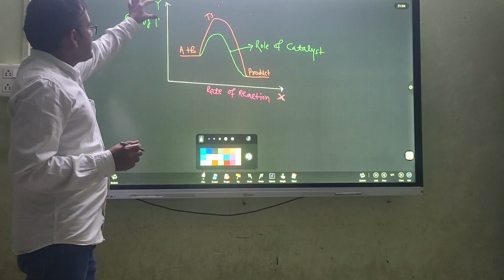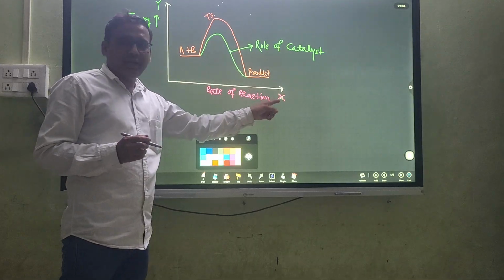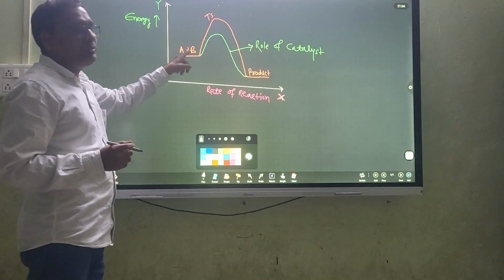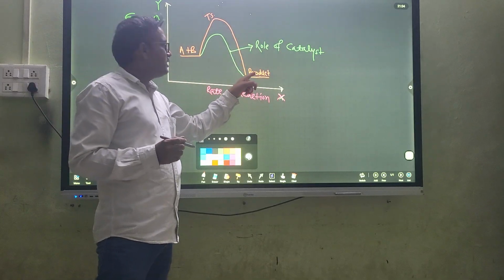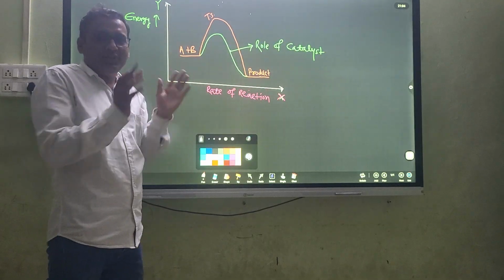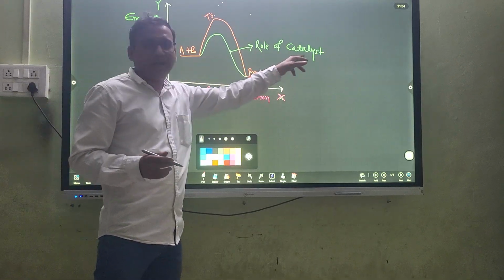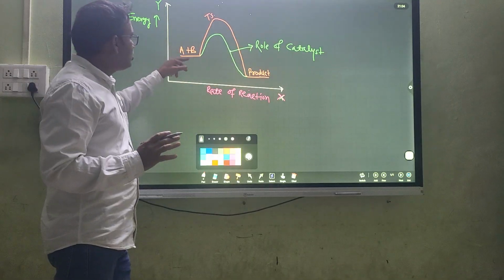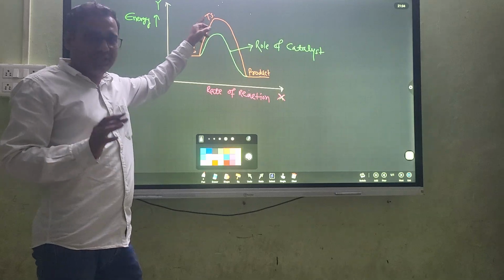This is the y-axis, this is the x-axis, the rate of reaction is on the x-axis, and energy is on the y-axis. A and B are the reactants, and here is the product. The energy of the product is less than the reactant, so the equilibrium is shifted towards the product. Every reaction goes through these steps. This is a transition state or activated state.